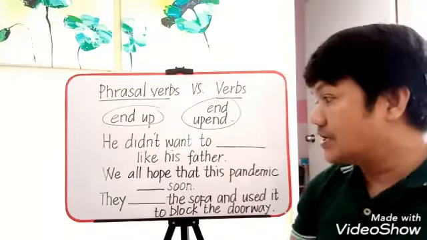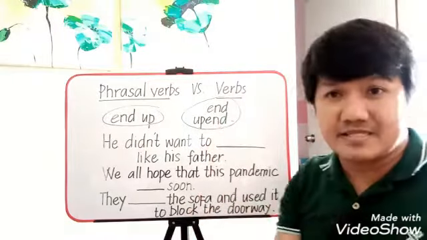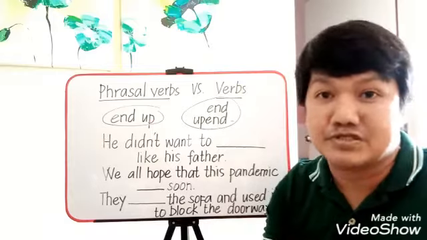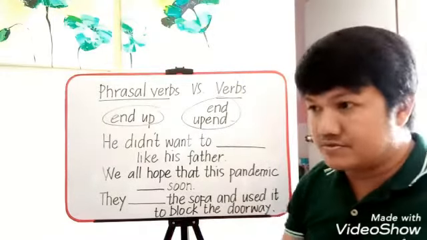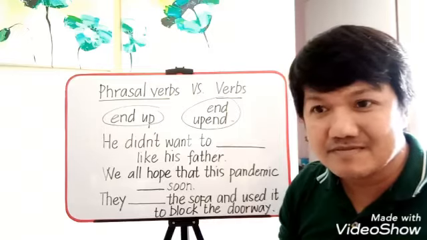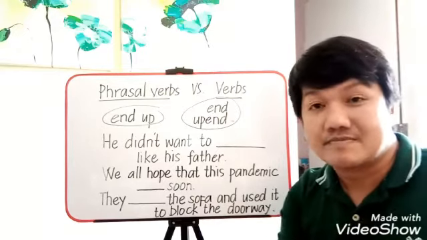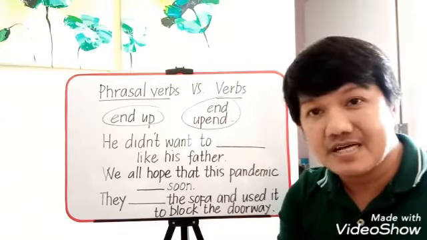All right? We all hope that this pandemic ends soon. Ito yung pinaka-basic na ginagamit natin. Matapos, to end, to finish. You know, to reach the end point. All right? This pandemic will surely end soon. We hope and pray. All right?